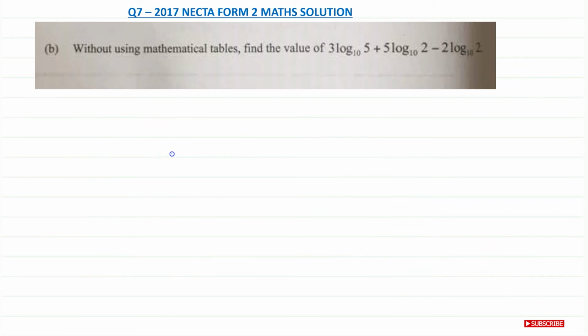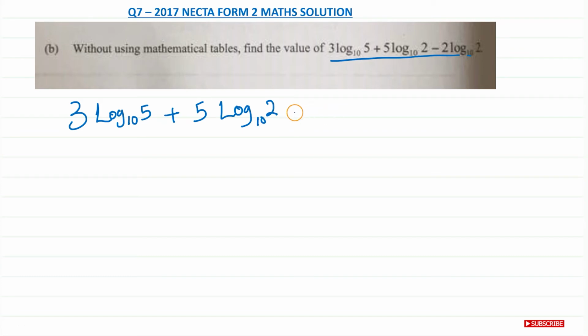Question 7b, we're asked to find the value of this without using mathematical tables. So it's a log question. I'm going to rewrite that question so you can see it. 3 log 5 base 10 plus 5 log 2 base 10, and then minus 2 log 2 base 10.